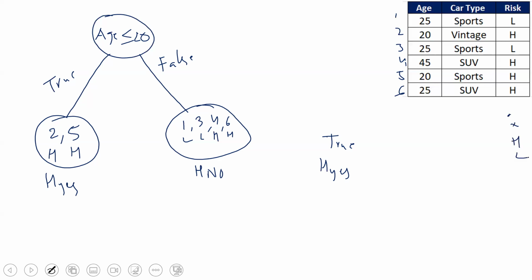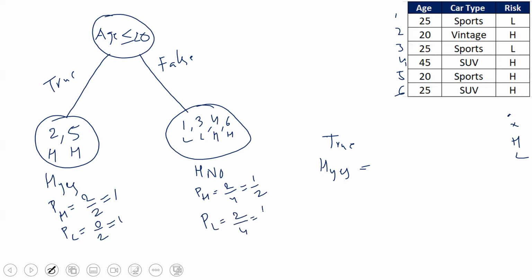Now if I calculate the probability here for yes, the probability of high is equal to 2 by 2, which is 1. The probability of low is equal to 0 by 2, that is 0. Here for no, the probability of high is equal to 2 by 4, that is 1 by 2, so 2 highs out of 4 records. The probability of low is equal to 2 by 4, that is 1 by 2.